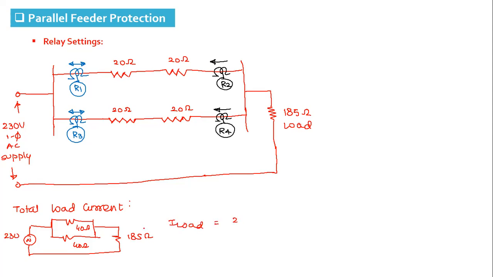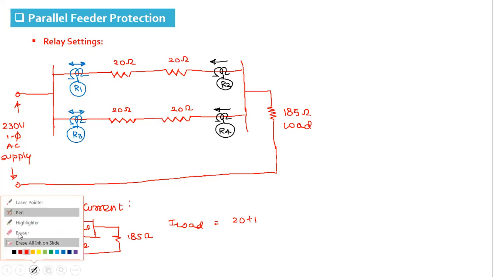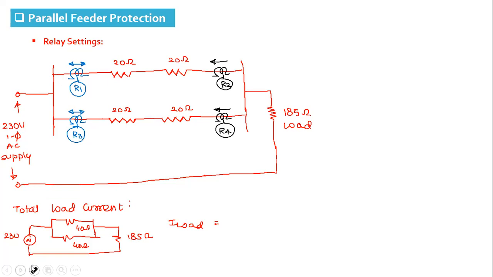It is 230 divided by this resistance. Total voltage is 230 and total resistance is 40 parallel to 40 plus 185. So this comes to 230 by 205, and that is a total of 1.12.